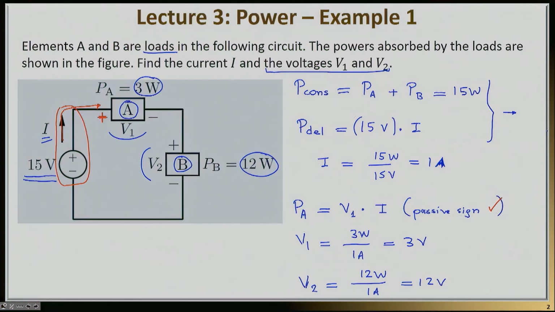Notice that my second load is still in the passive sign convention, since the current I is flowing into the load from its positive terminal. So both from loads A and B, I have the passive sign convention.